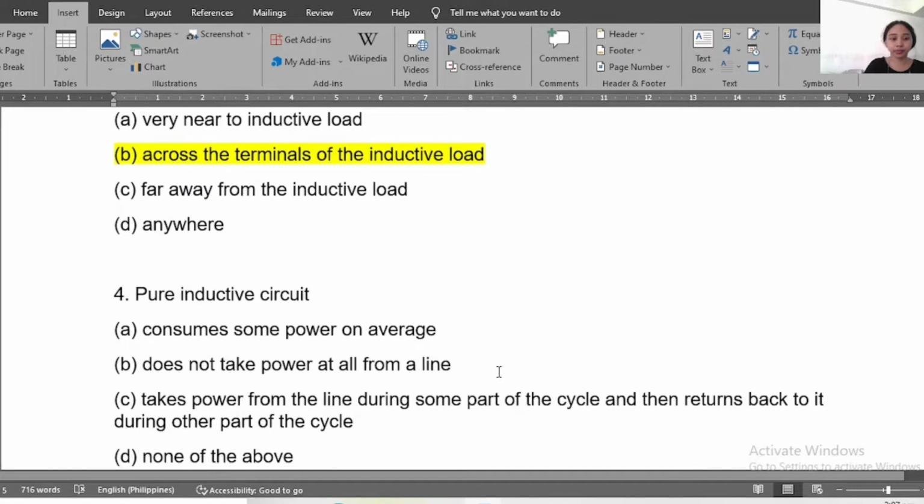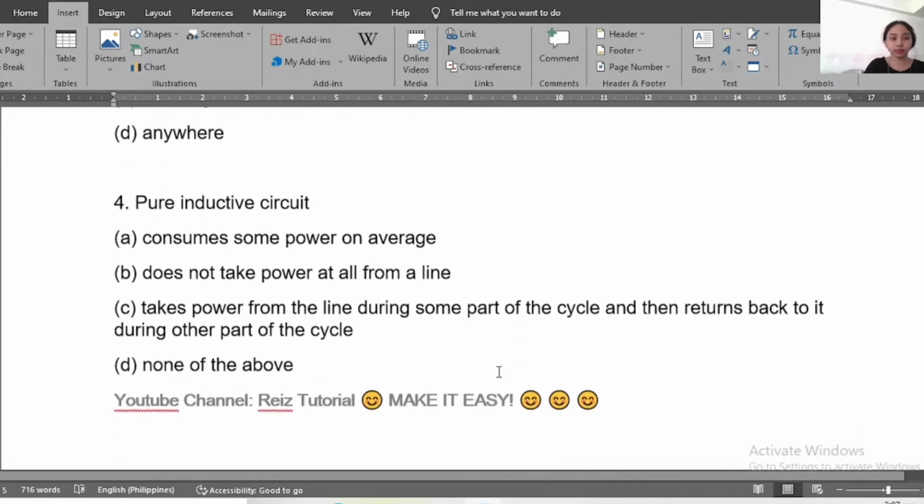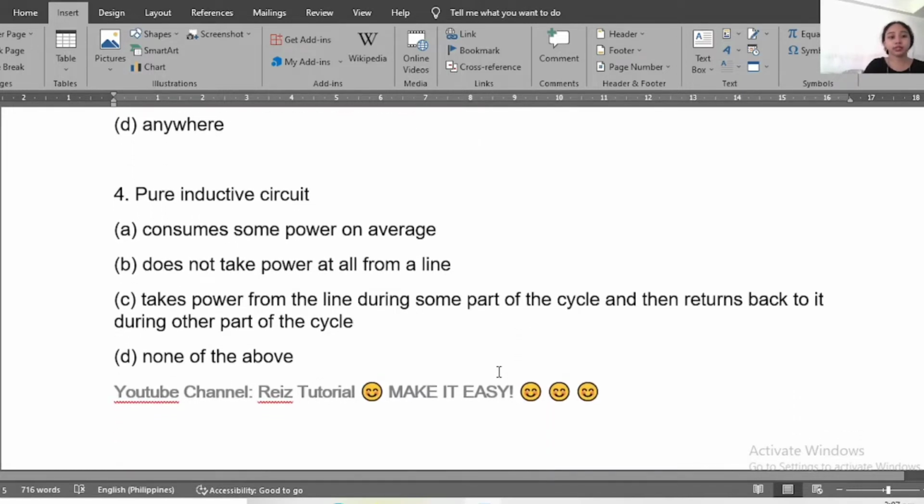If you remember. So number four, pure inductive circuit. A, consumes some power on average. B, does not take power at all from a line. C, takes power from a line during some part of the cycle and then returns it back during other part of the cycle. D, none of the above.